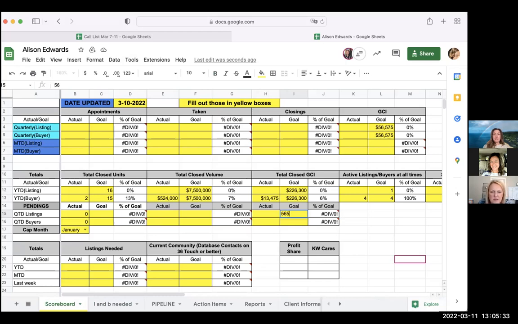The reason why we do this is because if we have a gap, we're first going to look at your pipeline. What do you have coming up? And then also your pendings for the closings. You've got 3 closings in March. We know that whatever gap we have is going to be less those 3. That way we get a good idea as to what we're truly looking at.